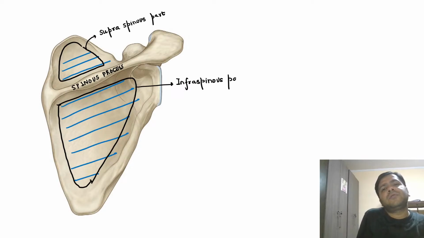Infraspinous part. Now the supraspinous part also contains a fossa. Let me just draw that fossa with a green color. Okay, this is called the supraspinous fossa.